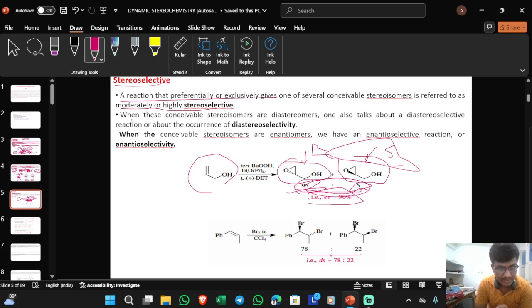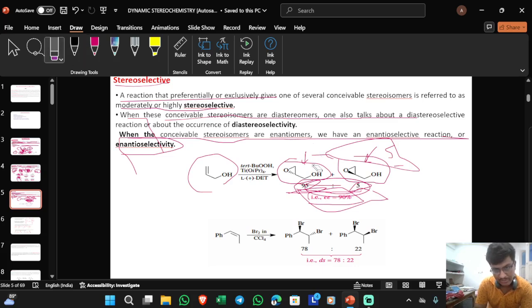Now we talk about stereoselective reactions: enantioselective and diastereoselective reactions. Here these are enantiomers. I am not talking about that here, this is the enantioselective reaction, which is the enantiotopic topic, because A and B are two different compounds and the mirror image is not possible.